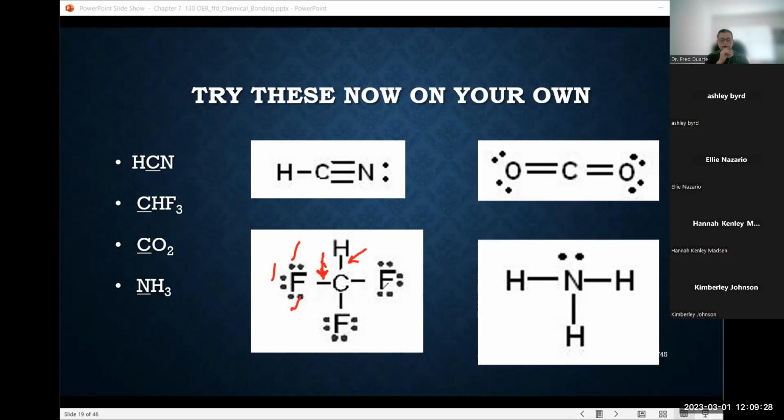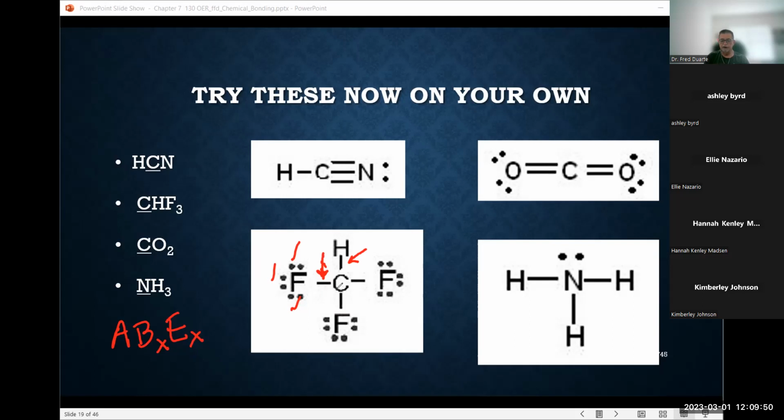We then identify, making sure the octet is fulfilled. Then we identify the general formula. Remember the general formula, A, B sub X, and E. What that does is tell us from the general formula what type of shape it has.